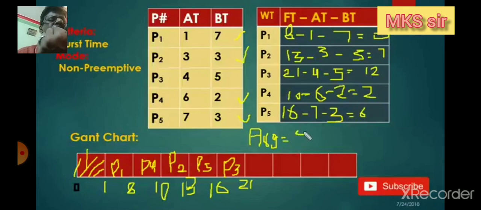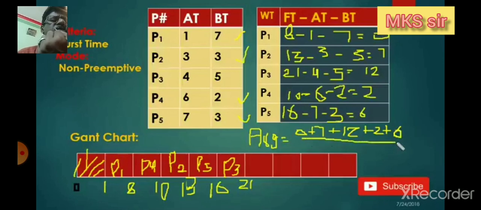So for your simplicity I am writing 0 plus 7 plus 12, then 2 plus 6, divided by the number of processes, which means 5.